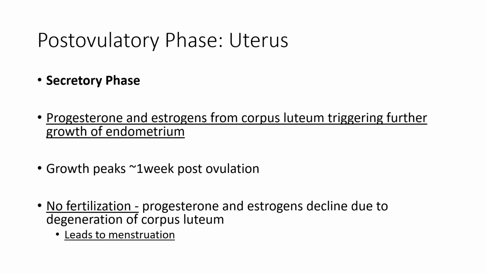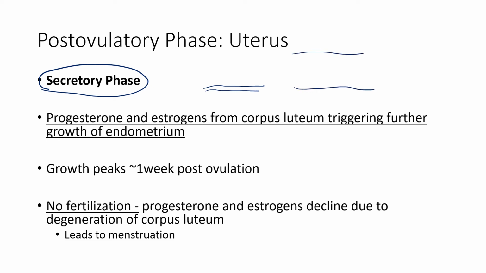So what's going on in the uterus while all this corpus luteum albicans stuff is happening? Well, now we're in the secretory phase. We've doubled our lining. We've basically gone from a layer that looks like this to a layer that looks like this. And now we need to start adding in some extra components, so should there be a fertilization and an implantation, more importantly, the uterus can sustain that embryo.